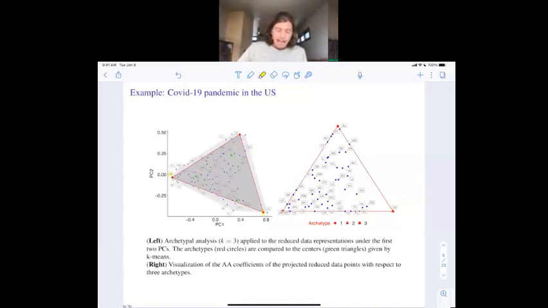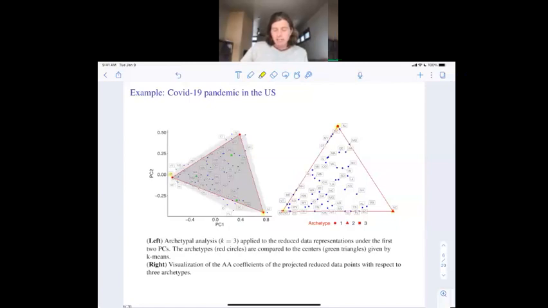And then after you find the best triangle, if your archetype polytope is a simplex, then you can think about archetype coordinates, right? I can represent this in terms of the archetype points.